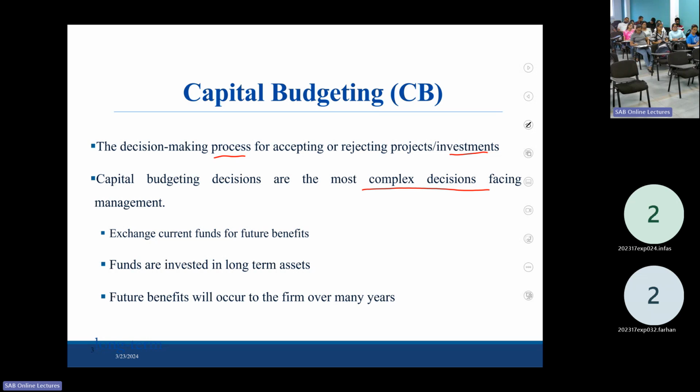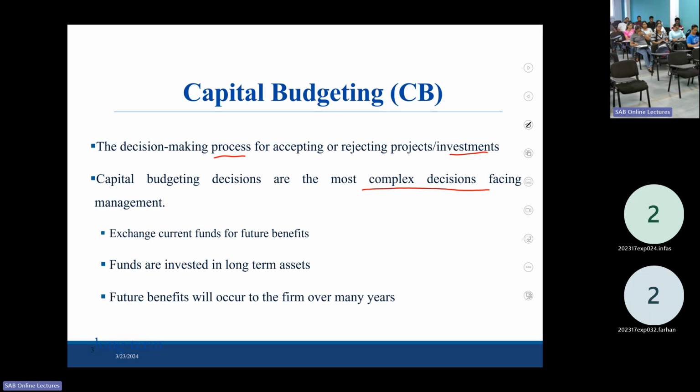You exchange current funds for future benefits; you will get your return after 10 years, 5 years, so that is after a long period. So this is a very risky, complex, complicated decision. You are investing today, and your return is after 5 years. You have to wait a long period.